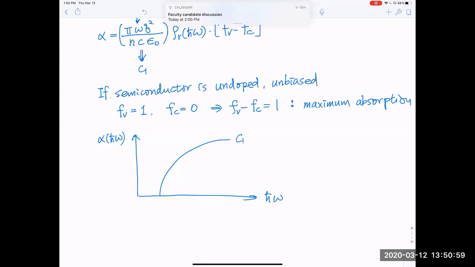This is C1 rho r of h bar omega, and this is proportional to the square root of h bar omega minus bandgap energy. Here is EG.